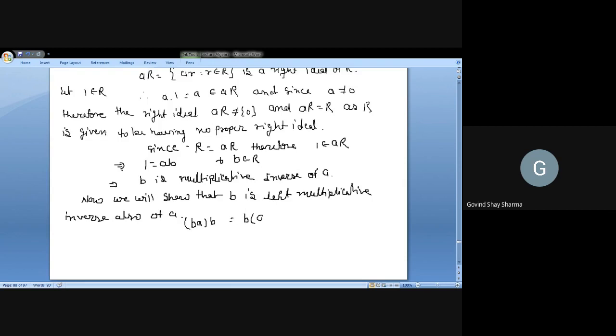We can do this because the ring follows the associative property of multiplication.